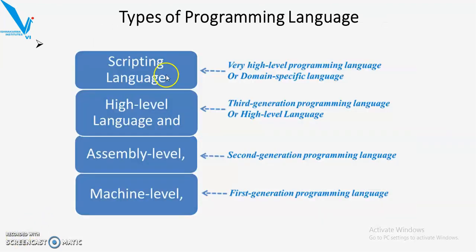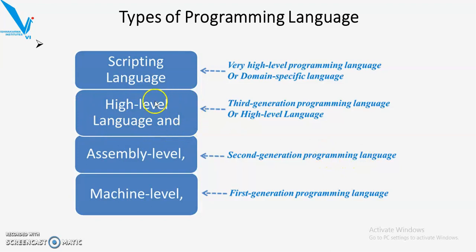Now we will learn the types of programming language, or you can say the category of programming language. A very first programming language is the machine level language. It is also called as first generation programming language. Next is the assembly level language. It is also called as second generation programming language.